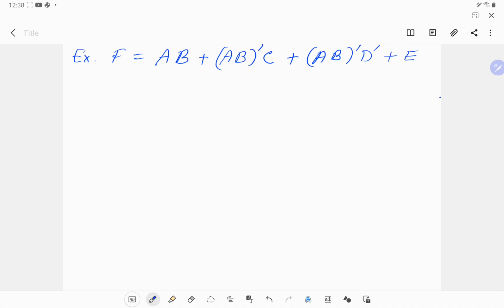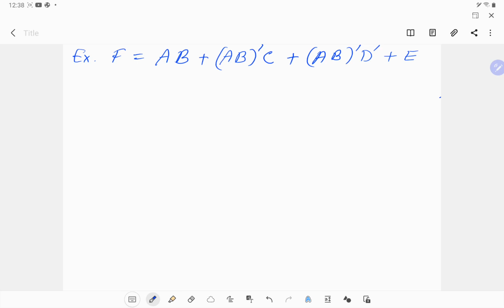So the first example that we have: we are given a function and we need to implement it by using only NAND gates, and the function is AB plus AB prime C plus AB prime D prime plus E. In order to implement this function by using NAND gates, we need to eliminate all the OR operations.